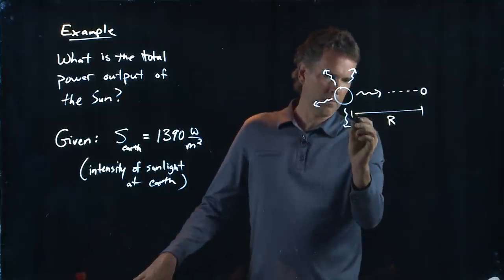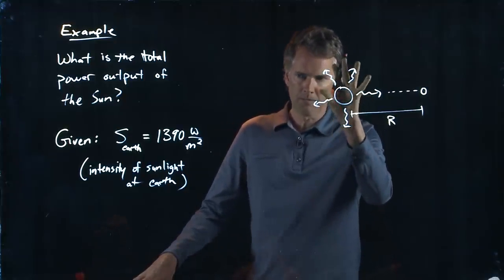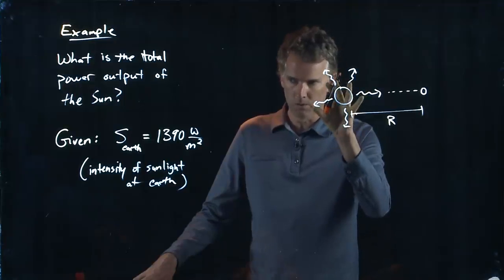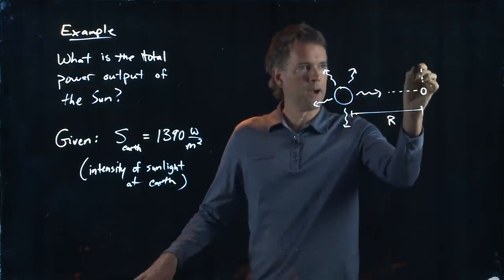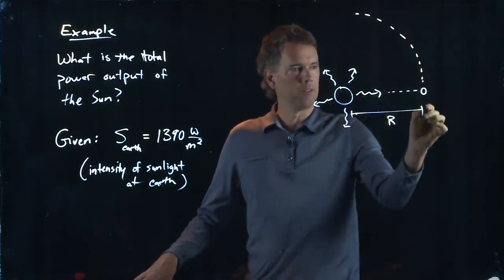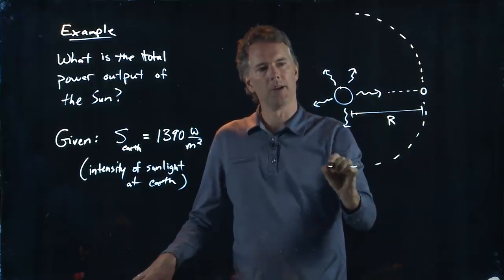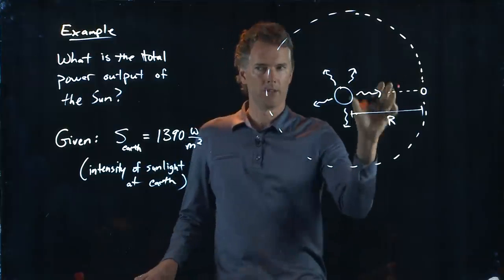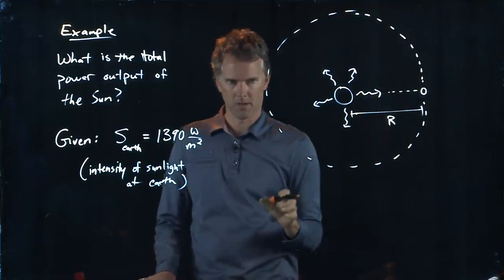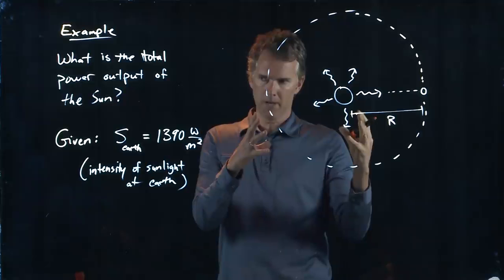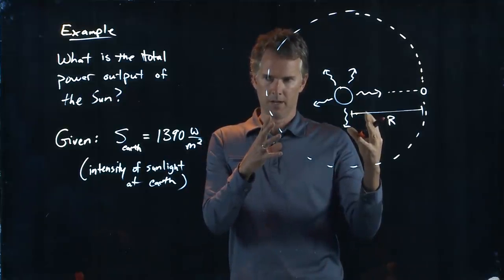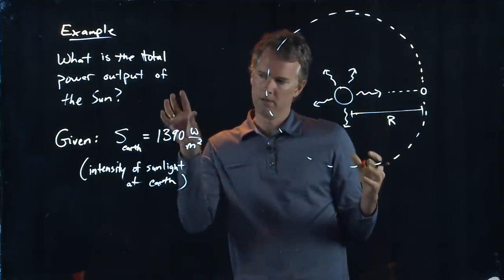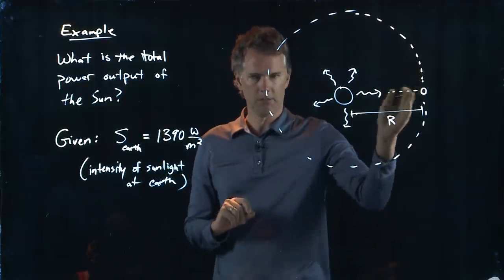So if I want to think about how much power is emitted by the sun in total, I have to worry about this sphere right here of radius capital R. The total power emitted through that sphere is hopefully something we can calculate based on the intensity at the Earth.